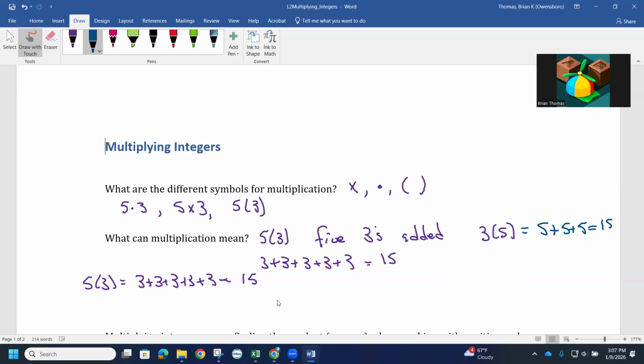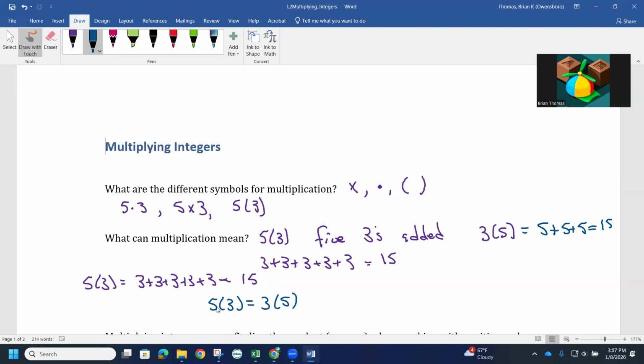So notice that when it comes to multiplication, when you multiply, order will not matter. 5 times 3 is the same thing as 3 times 5. So if you put it into a calculator inverted, if you will, backwards, you're still going to get the same result. So no harm, no foul. So keep that in mind.